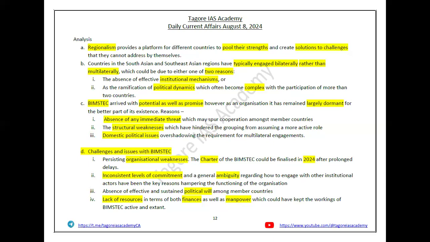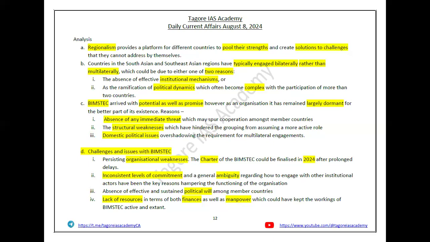Now, generally, as I've written in point number two, the countries in this region engage more bilaterally rather than multilaterally. The reason is that we do not have such institutions, like the European Union developed over time after the Second World War.